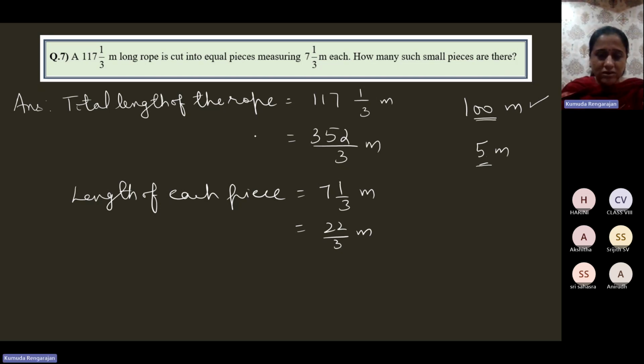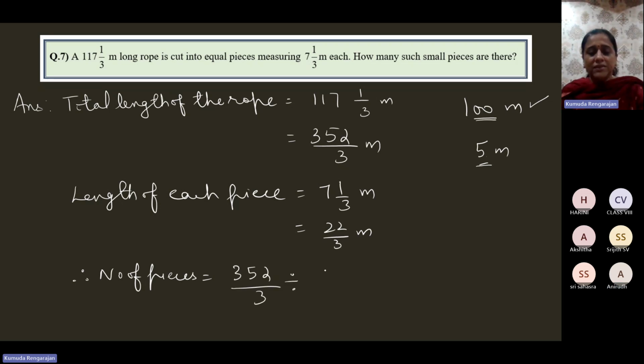In the same way here, the total length of the rope is 352 by 3 meters and the length of each piece is 22 by 3 meters. Therefore, the number of pieces will be the total length divided by the length of each piece.